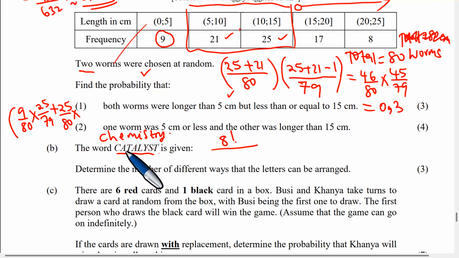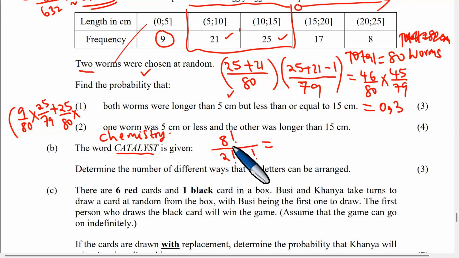And then how many common letters are there? Like we have 2 A's, so you're going to put 2 factorial. And what other letters are there? So you have 2 A's and you have 2 T's as well. Cat has a T and list has a T. So you have also the 2 factorial.